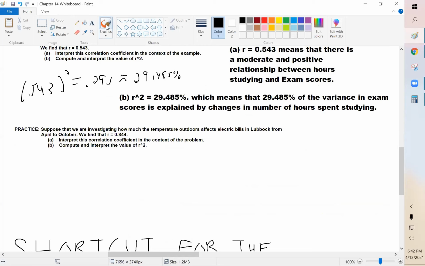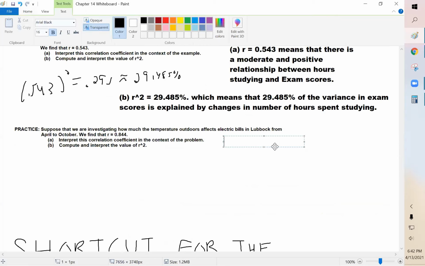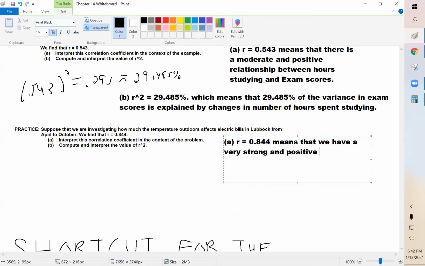Okay, we'll start with A. You'll notice we're gonna have a very similar format to before. So our R value of 0.844 means, now we recall the rule of thumb, if it's 0.8 or higher, it's very, very strong. So it means that we have a very strong and positive, don't forget that part.